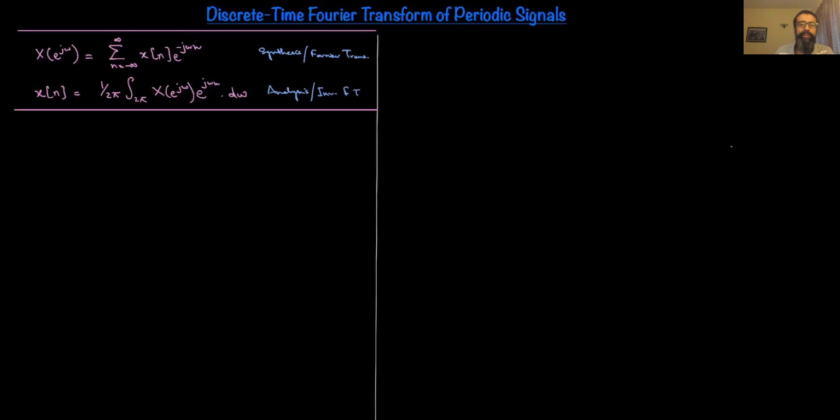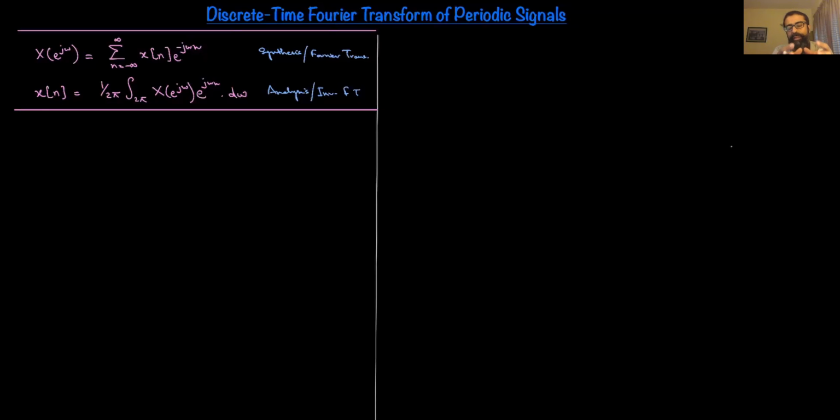So now we're going to talk about how we compute the discrete time Fourier transform for discrete time periodic signals. If you recall, we started out at the beginning of the chapter by defining the Fourier transform for aperiodic signals.